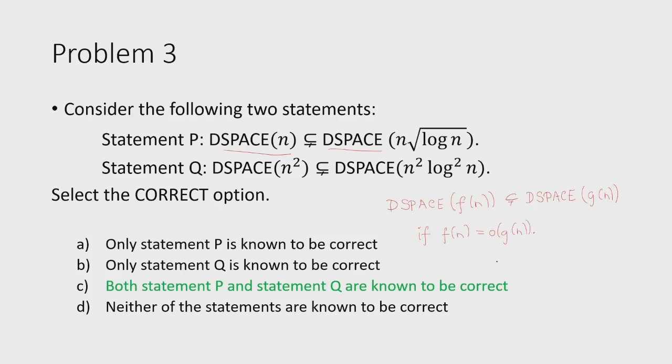Now n is small o of n square root log n, as well as n square log n. So basically both of these functions over here satisfy the condition of the space hierarchy theorem, and so both statements are correct.